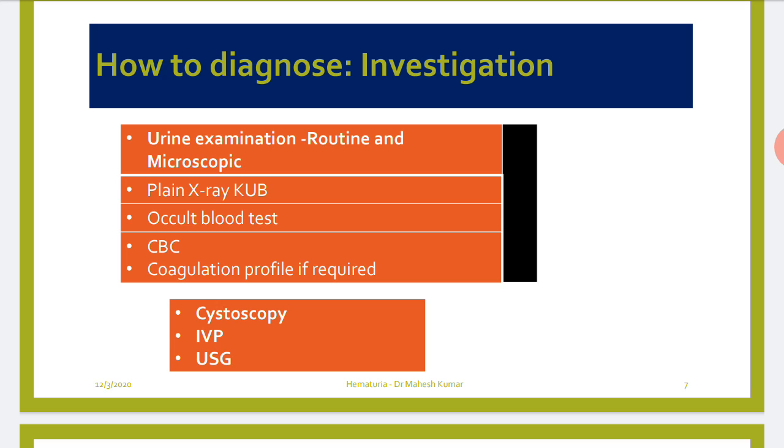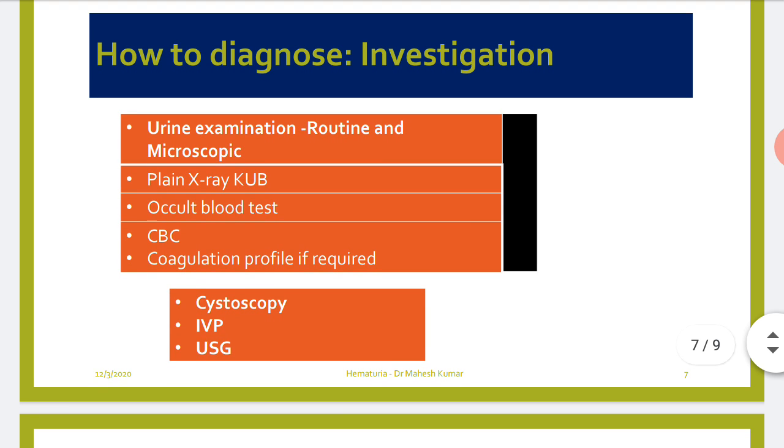A major investigation which is also helpful in cases of hematuria is cystoscopy. With the help of cystourethroscopy, the urethra and urinary bladder are examined, and if there is any growth or any changes in infective conditions, they can be seen, and a biopsy from that site is also helpful in making the diagnosis.